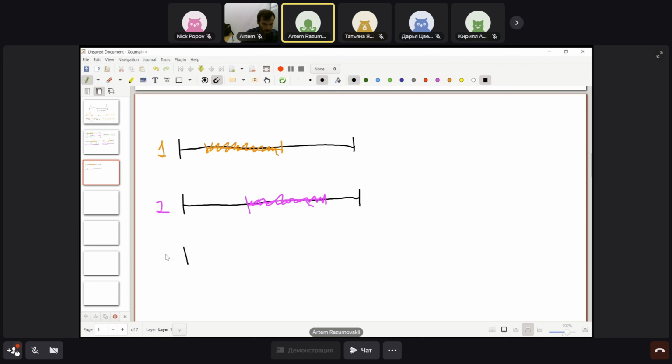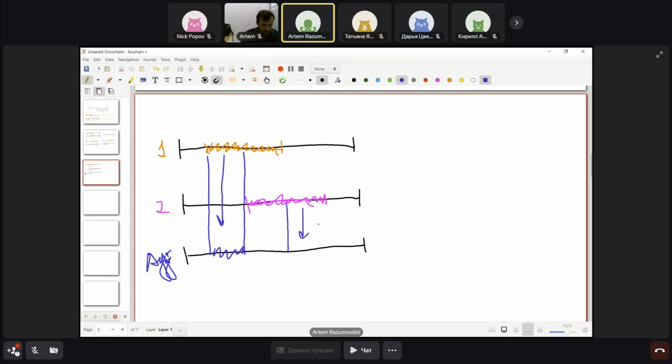Then the aggregator will pick the good quality news from the first agency from that interval, and from the second it will be this interval.